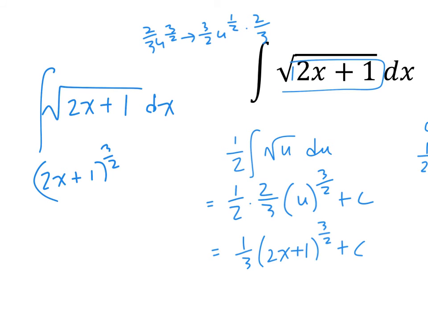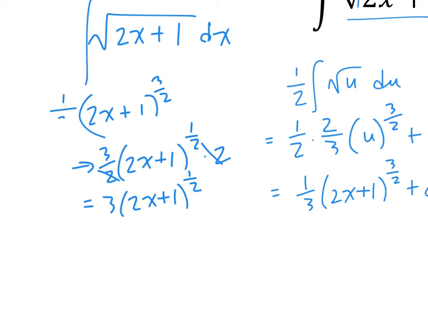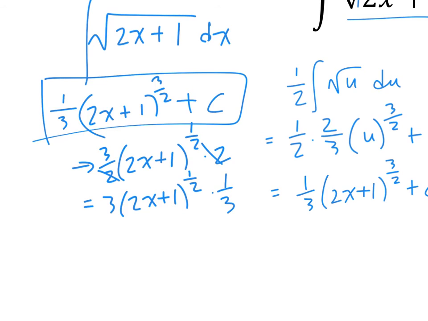Then take the derivative: 3/2 times (2x plus 1) to the 1/2, and by the chain rule times 2. That gives me just 3 times (2x plus 1) to the 1/2. I don't want that 3 at all, so I'm going to multiply by 1/3. So this is the answer, plus c.